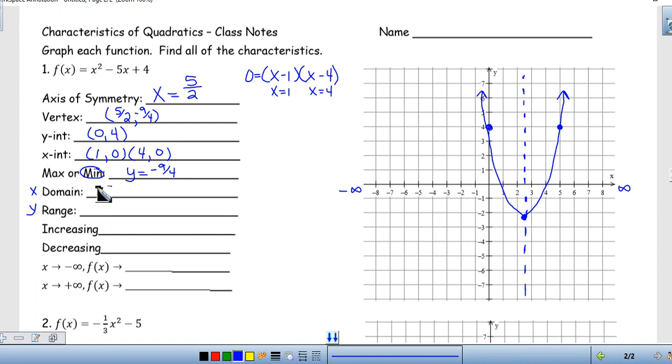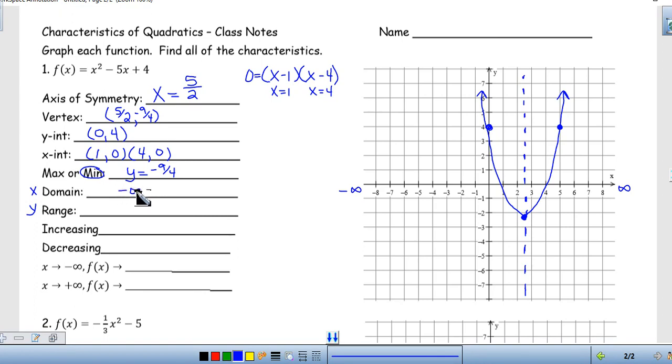So you're going to ask yourself, how far to the left and how far to the right does this graph go? Now, when you look at it, you might not realize that it is continuing left. But if you look at the slant of this line, not only is it going up, it is going up and left, and it's going up and left forever. So it is going infinitely to the left.